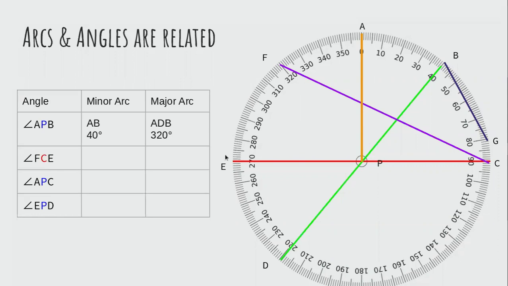Again, if this is the angle, starting here from F to C to E, if that were a slice of pizza and you slid it away from the rest of the pie, what piece of that edge, what arc would also go with you? From where does it start? Where does it end?